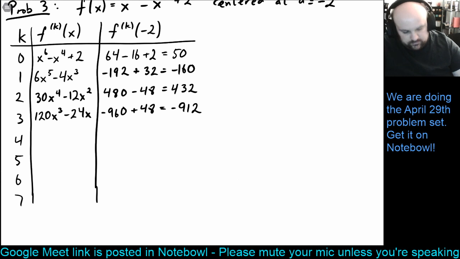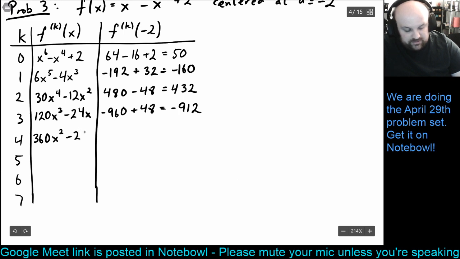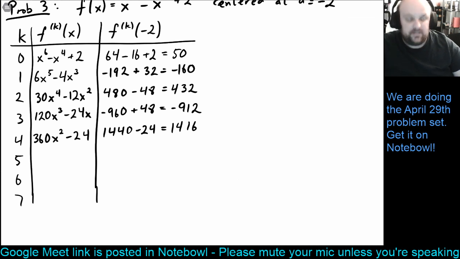Okay. Take the fourth derivative, 360x squared minus 24. So let's see, 360 times 4. It's going to be 1440 minus 24. This is 1416. Take the fifth derivative.